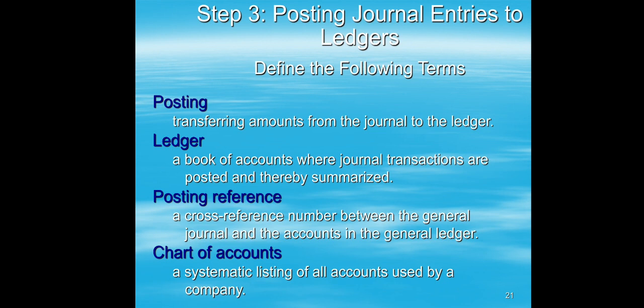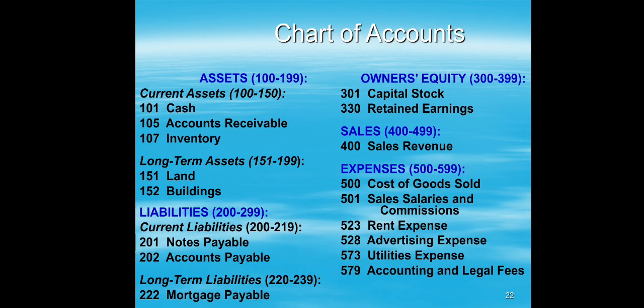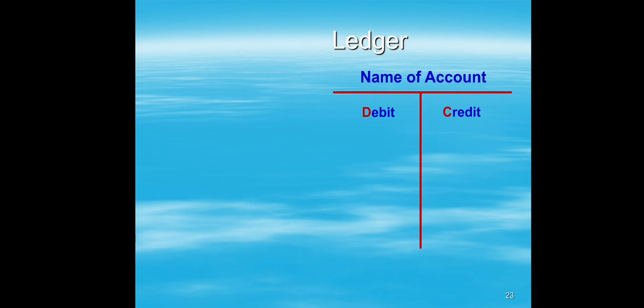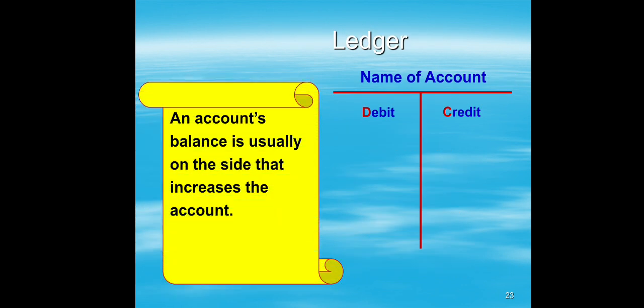In the book called ledger, there are many accounts, and these accounts are called T accounts. Why do we call them T accounts? Because they look like the capital letter T. A T account will look like this.